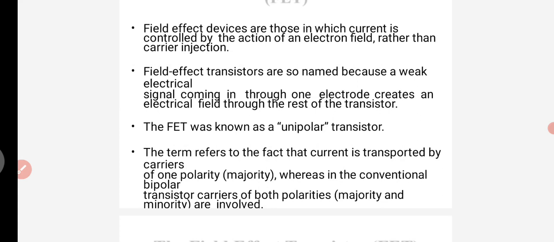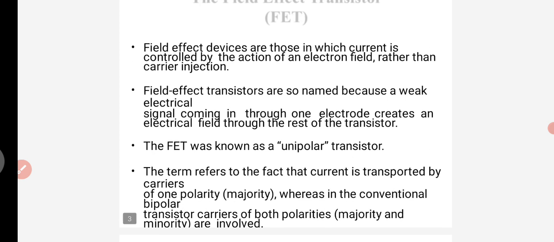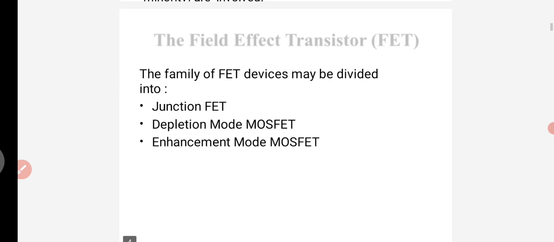But in a conventional transistor, the current conduction is due to both majority and minority carriers. At the same time, in the FET the current is controlled by the action of an electric field rather than carrier injection.